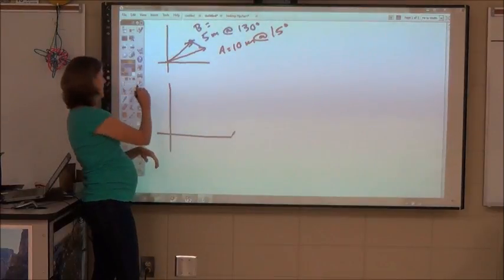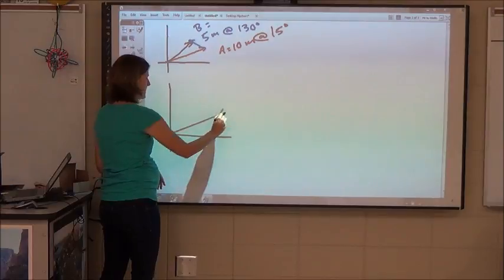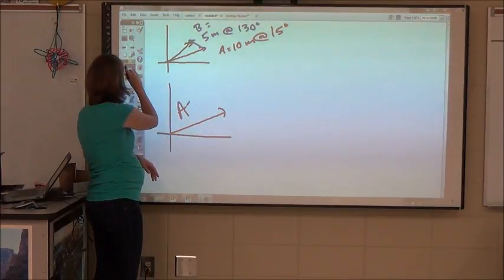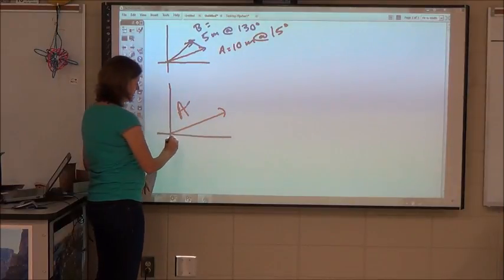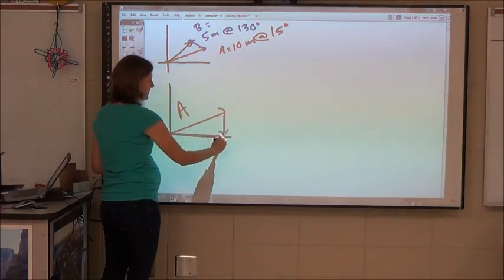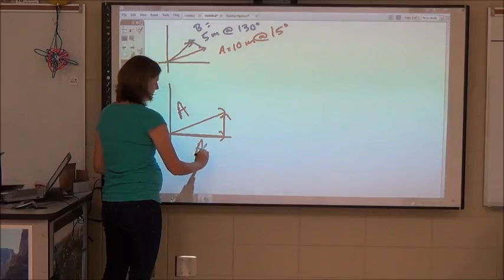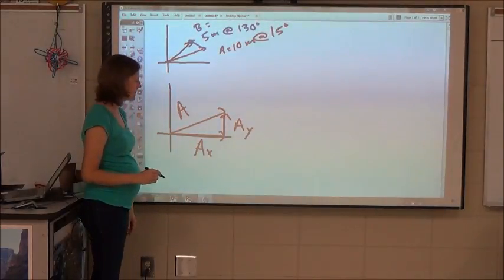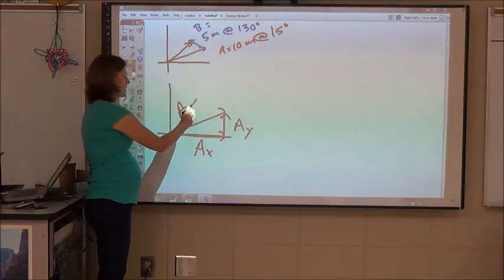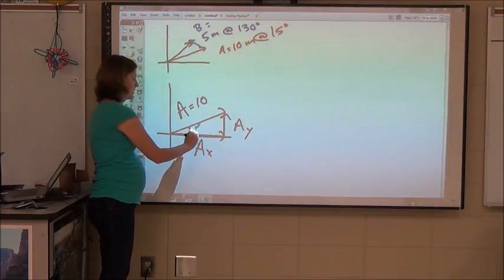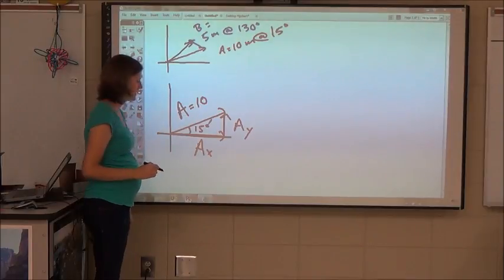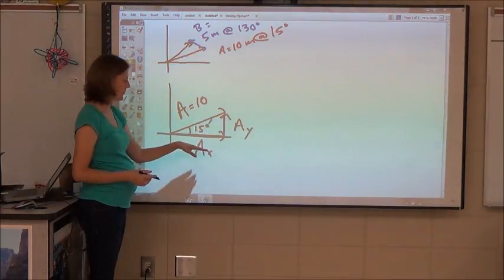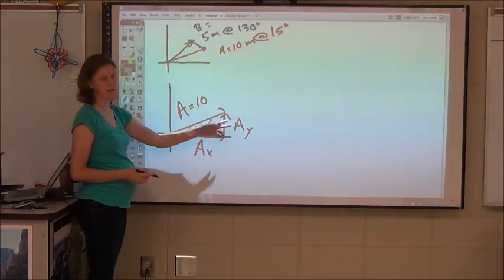So here's vector A again. And now I draw the components. So I've got the x, sort of the right component, and the up component. But now I do need values. I need to know the actual length of AX and the actual length of AY.